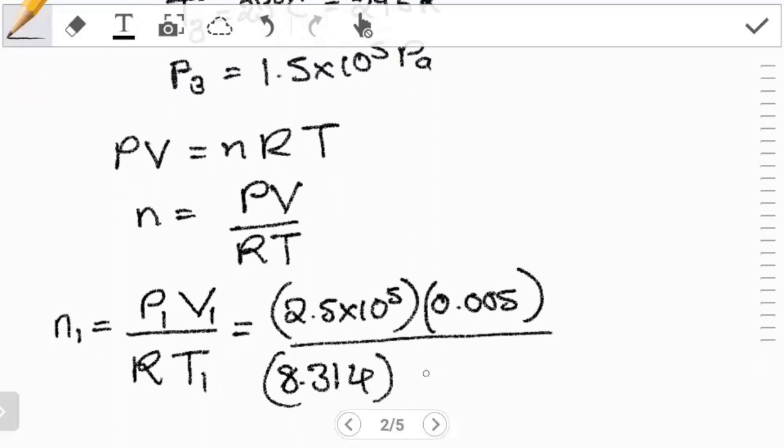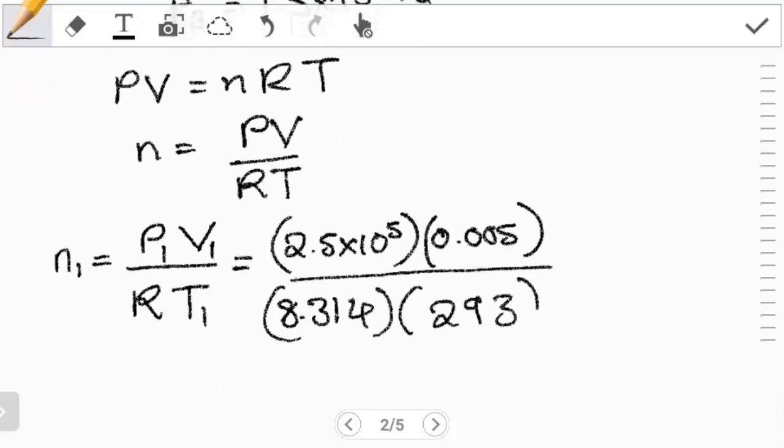And then lastly, the temperature in kelvins, this is 293 kelvins. So of course, when you simplify this, you get N1 is equal to 0.5131.